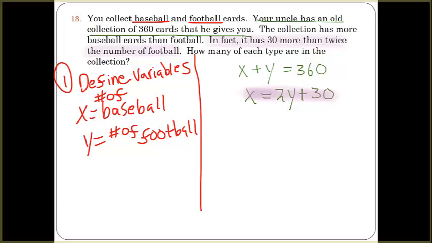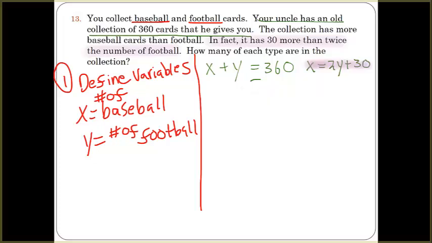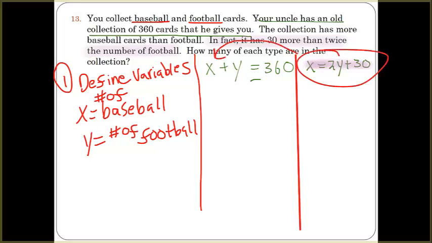Now, since I have this, that's my equation here that I set up from that part of the word problem. What you can do, and again, you can do your t-table if you like, if it helps, and I'm going to set it up here just because I think it's a little bit easier to do in terms of the t-table. That's just me, but again, if it confuses you, that's fine. But what I'm going to do is I say, okay, well, this is already solved for x. That means I'm going to plug this in, and I get 2y plus my 30 plus my y equals 360.